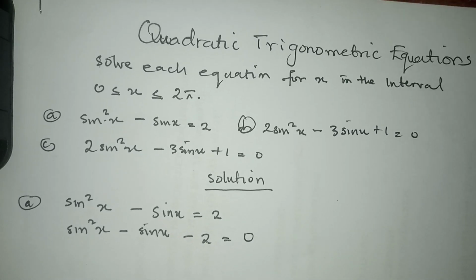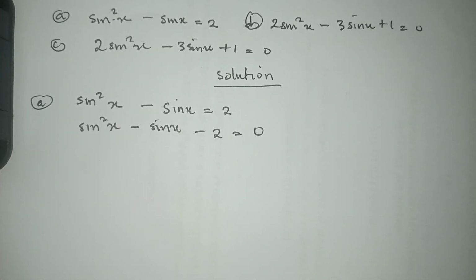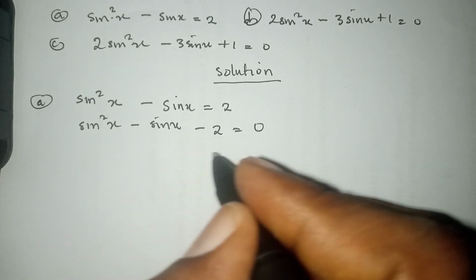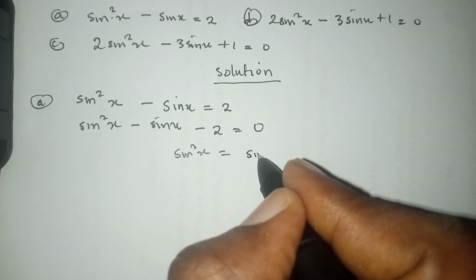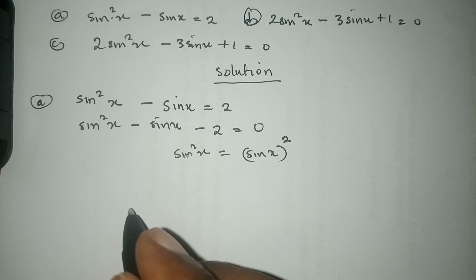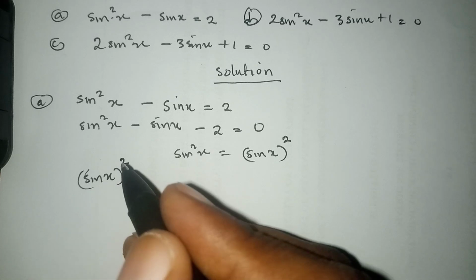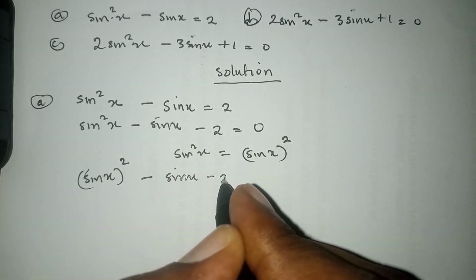There's something common here, all the sine, so we use a letter to represent it so as to simplify. Don't forget that sine square x is the same thing as sine x, everything all squared. So this is sine x all squared minus sine x minus 2 equals 0.